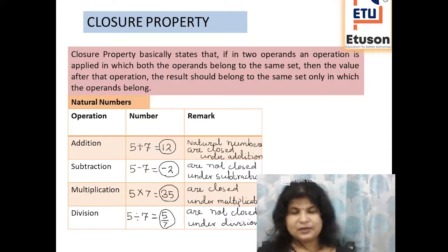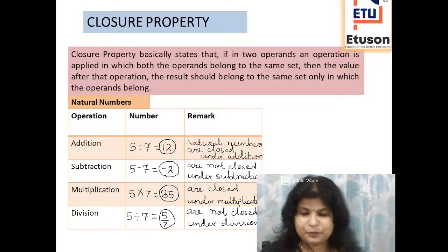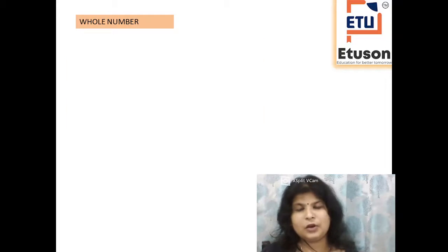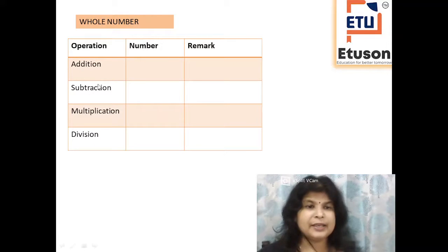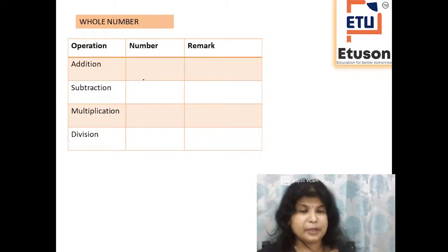Correct? So now let us perform the different operations to check whether the closure property is satisfied for whole numbers or not. Okay. So whole number means natural numbers plus 0.